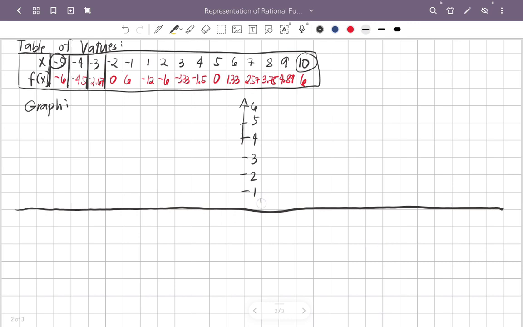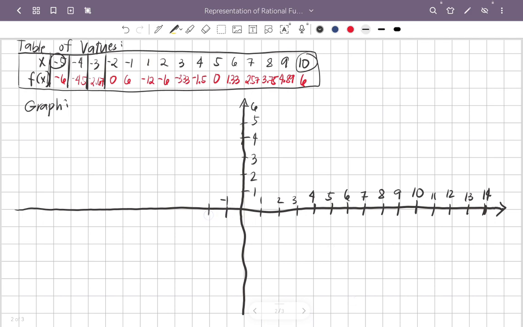So this is 1, 2, 3, 4, 5, 6, 7, 8, 9, 10, 12, 13, 14. Okay, so negative, let me make a line here first.